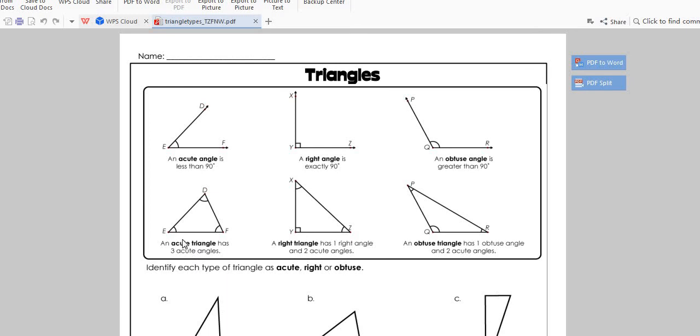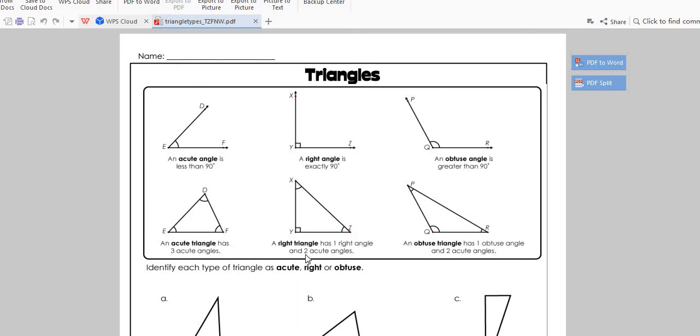And as I told you, an acute triangle has 3 acute angles. Okay, this is an acute triangle. The acute triangle has how many acute angles inside? 3 acute angles, so it's called acute triangle, as I told you before in the explanation of the lessons. When I have 3 acute angles inside, it's called acute triangle.